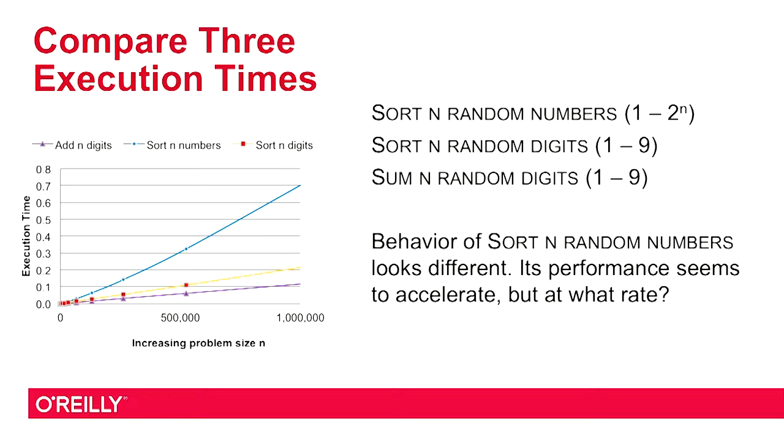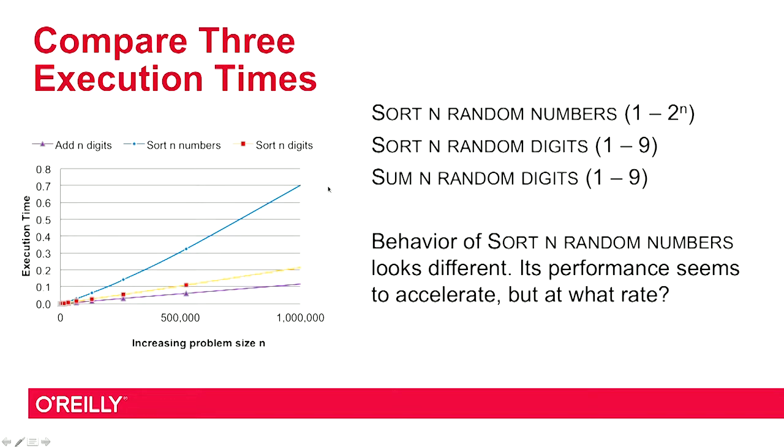But then I have 2 other lines. The one in yellow is when I'm sorting n digits. So I may have 1,000,000 digits, but the numbers are only numbers 1 through 9. The blue line is when I sort n random numbers that are in the range 1 to 2 to the n. So it might seem odd. The first thought is, well, why is there a difference of behavior?